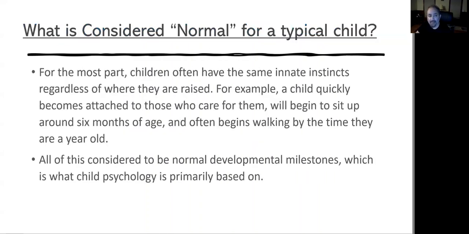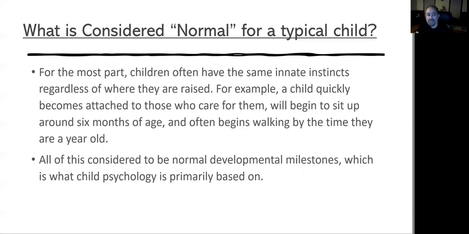So let's look at some of what is considered to be normal for a typical child. For the most part, children often have the same innate instincts, regardless of where they are raised. For example, a child quickly becomes attached to those who care for them, will begin to sit up around 6 months of age, and often begins walking at around 1 year old.